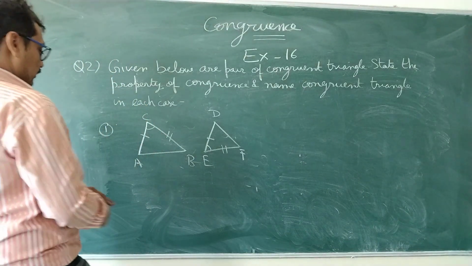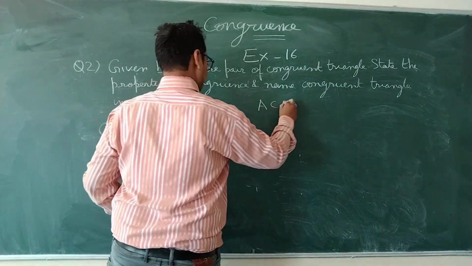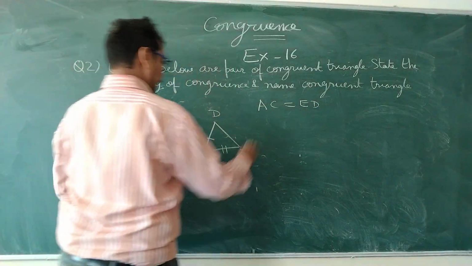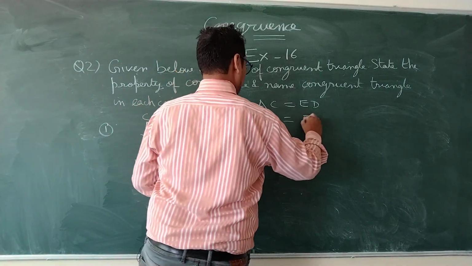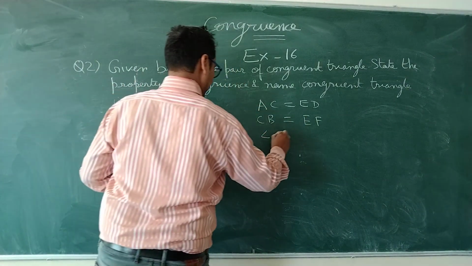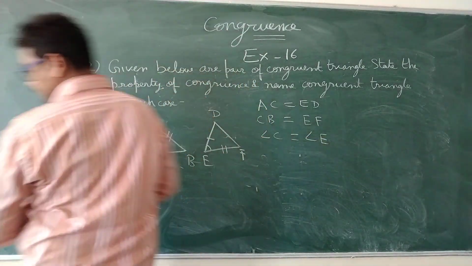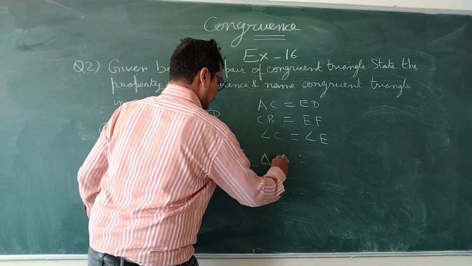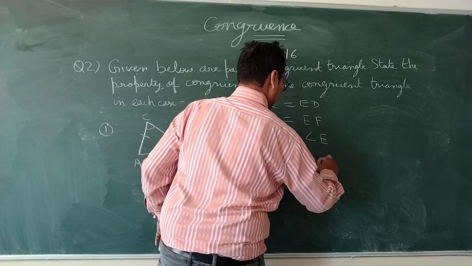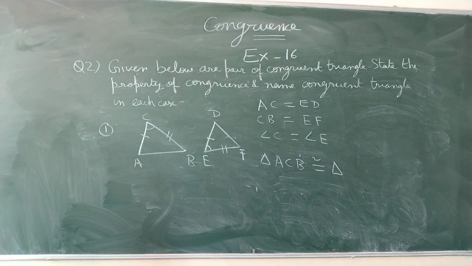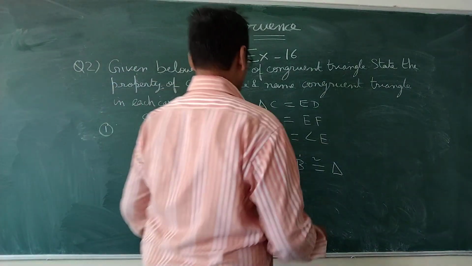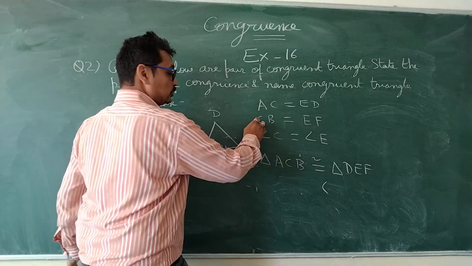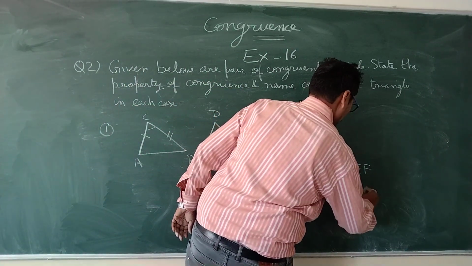Here, if we have a look, side AC is equal to side DE, CB is equal to side EF, and angle C is equal to angle E. So we can simply say triangle ACB is congruent to triangle DEF, and the property is two sides and one included angle, so it is SAS congruency.